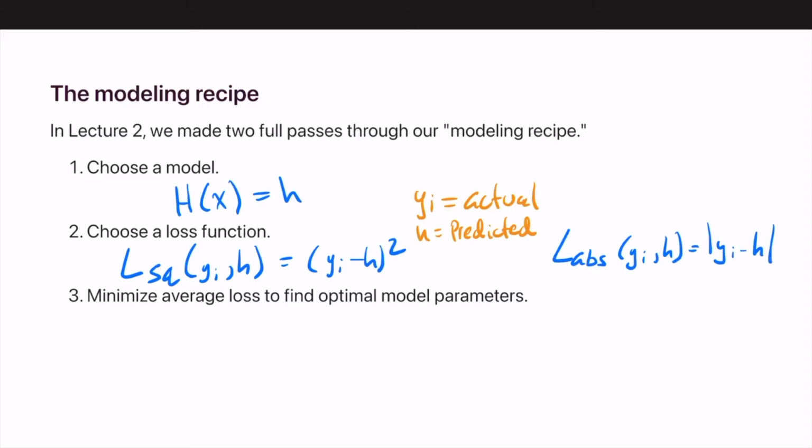And from both of these, the squared loss and the absolute loss, we minimize both of these by the process of taking the derivatives, setting it equal to 0, solving for it, and finding what that h star was. And we concluded that for the squared loss, it was the mean, and for the absolute loss, it was the median.